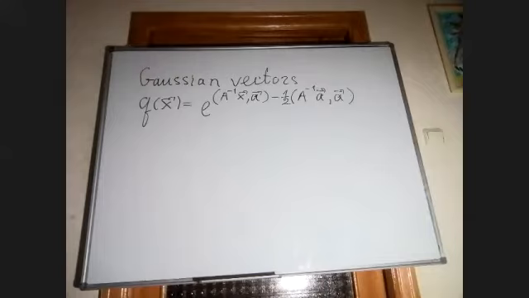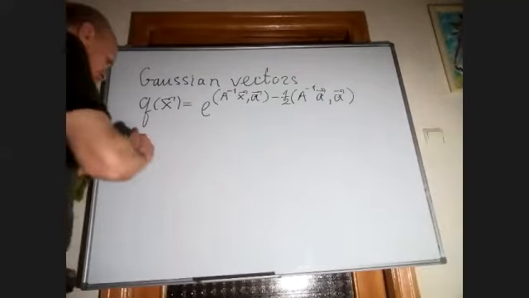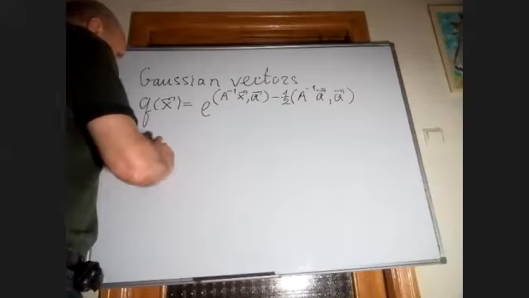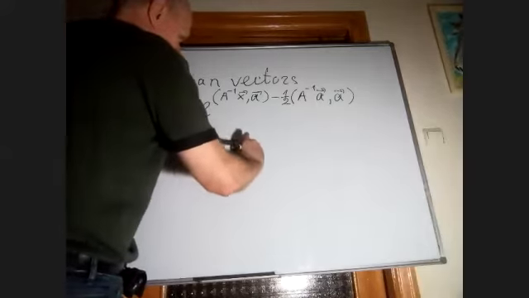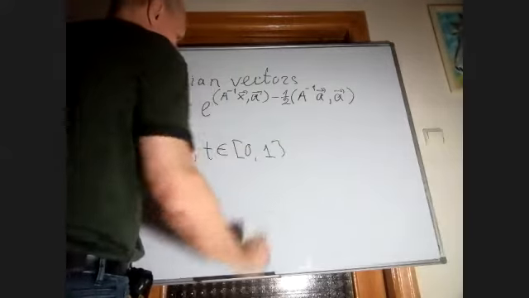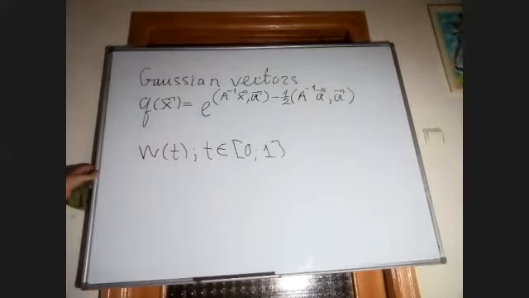Now I want to do the same for the distribution of the Wiener process. I will do this for the one-dimensional Wiener process, but for the multidimensional case the formulas remain more or less the same. We already know that if we consider Wt on the time interval [0,1], we will get a random continuous process.